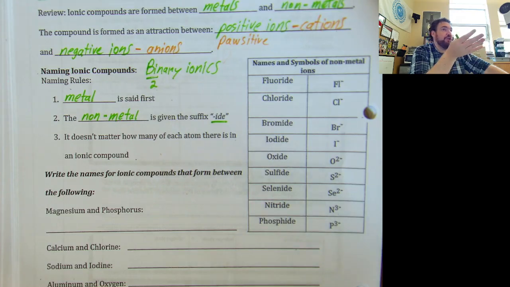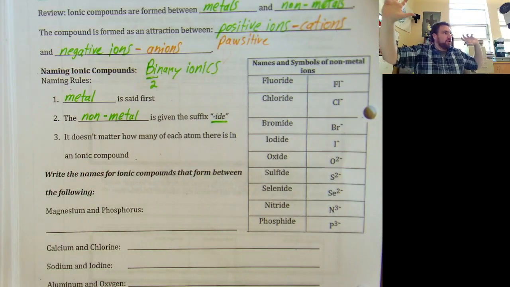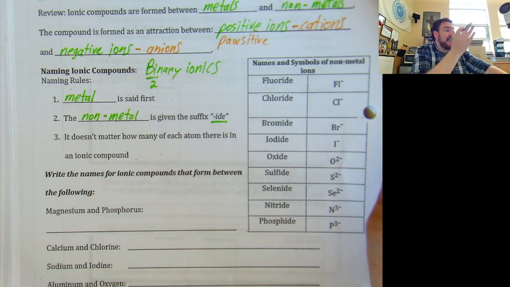Some of you figured it out on your own, some of you asked me, some of you talked about it amongst your peers, and you said, well, the only way this is going to happen is if a second chlorine shows up to take that other magnesium, because I didn't specify how many of each you needed to figure that out. And out in the world, in the environment, when these things bond with each other, it's never one atom and one atom. It's always clumps of things or groups of these things that come together. And they figure out amongst themselves how they need to arrange themselves so that everybody's happy.